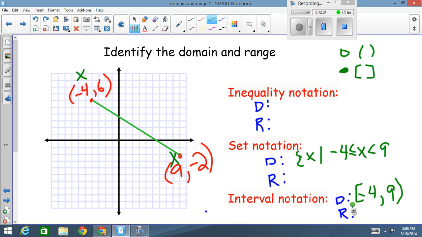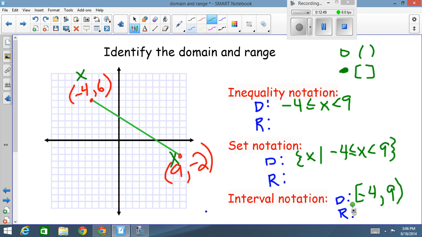Well, we're including the -4, so we'll put an equal sign there. That's set notation. Now, inequality notation in this point is pretty much going to be the same thing because we can't just say, you know, x is greater than 4 or x is greater than 9 or whatever, because it's actually the x is trapped in between those two. So I can pretty much copy that down from my set notation.